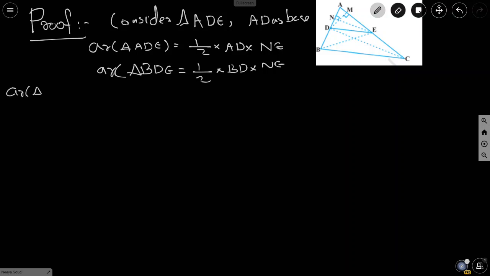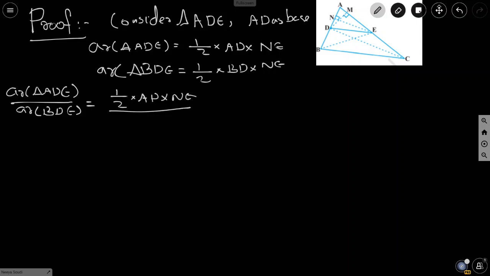Area of triangle ADE divided by area of triangle BDE, which is equal to half into AD into NE divided by half into DB into NE.